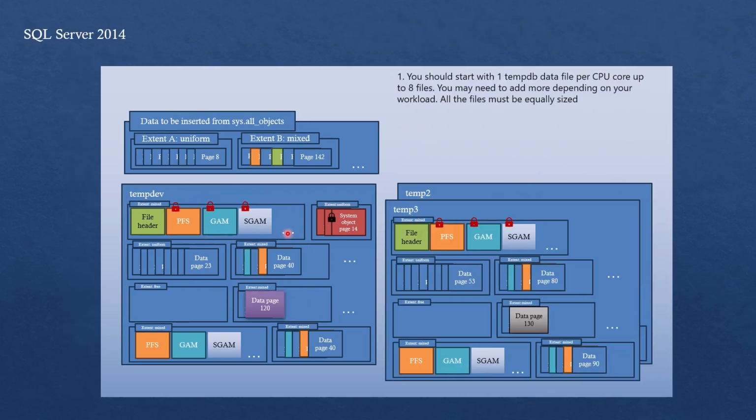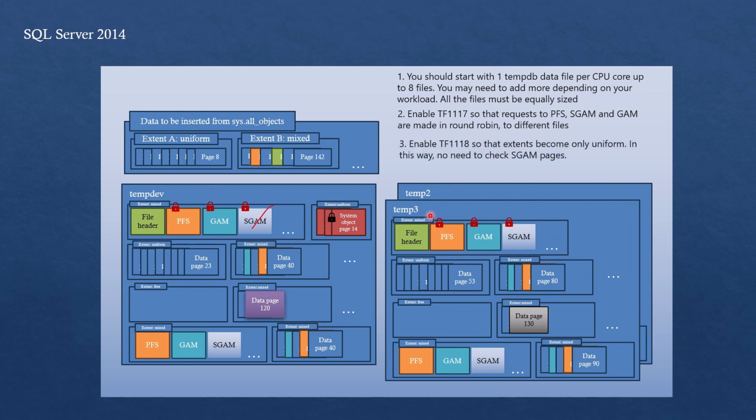Firstly, you should increase data files. The more files you have, the more PFS, GAM, and SGAM pages. All the files must be equally sized. Secondly, enable trace flag 1117 so that requests to PFS, SGAM, and GAM are made in round robin to different files.